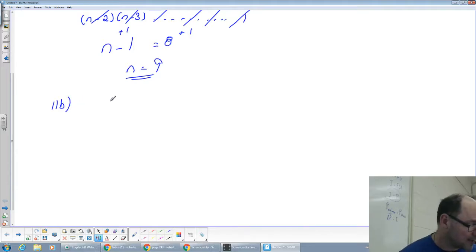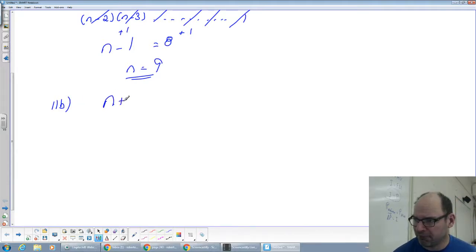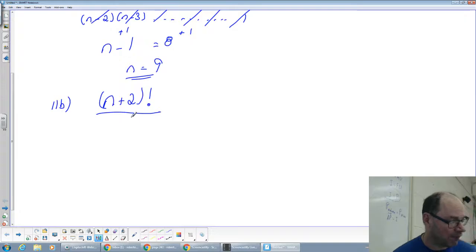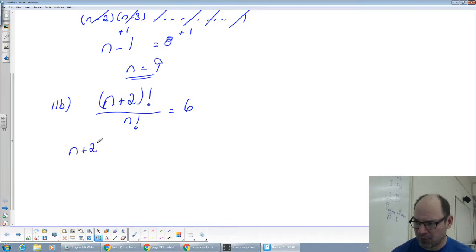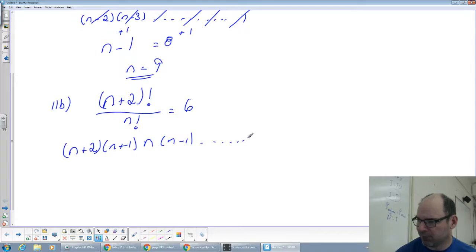you can see that that's n plus 2 factorial on top, and then you've got n factorial on the bottom, equaling 6. This one is pretty tricky. The reason being is that you're not just going to get a single one on the top. So if we expand the top, we go n plus 2, n plus 1, n, n minus 1, and all the way down to 1.